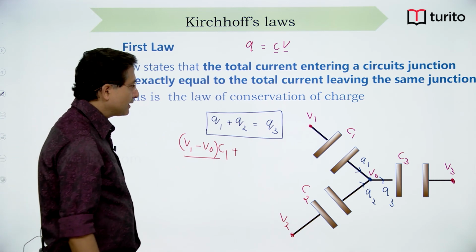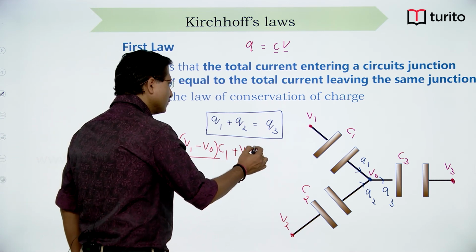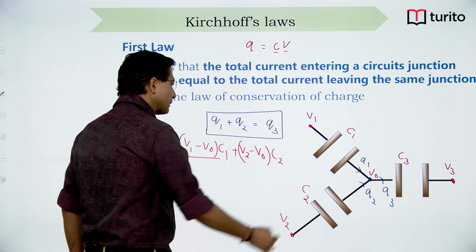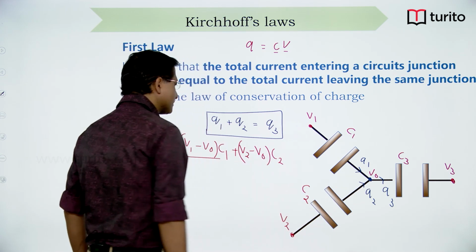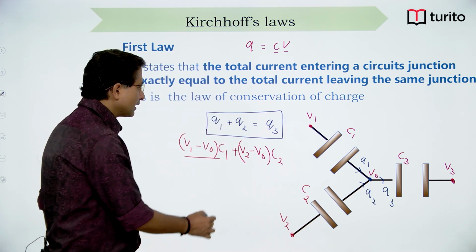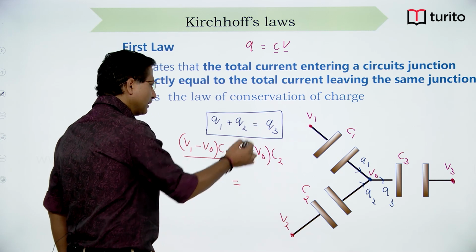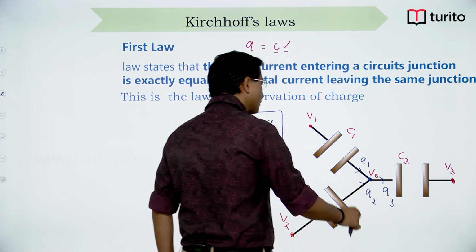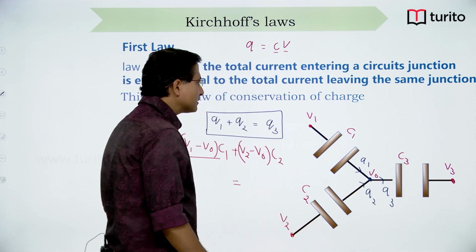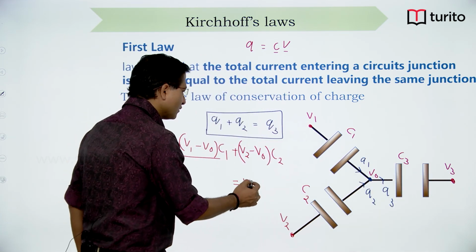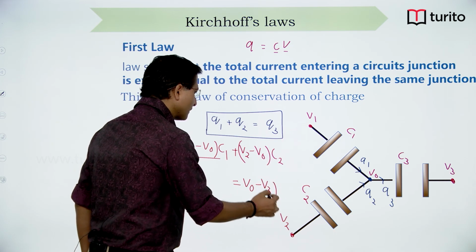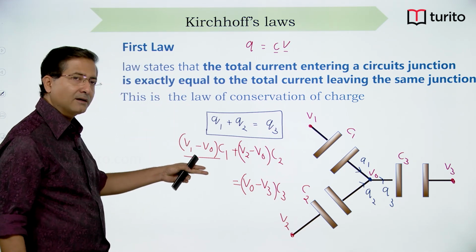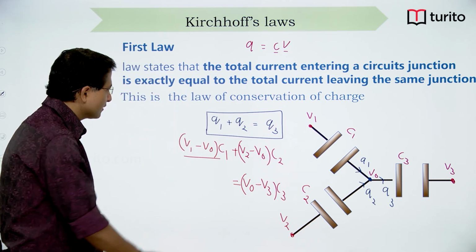The second term similarly I can write V2 minus V naught into C2, this potential difference into capacitance, plus the last one, equal to Q3. Charge flows from higher potential to lower potential, that means V naught minus V3 into C3. So, the same expression I can also write this way.